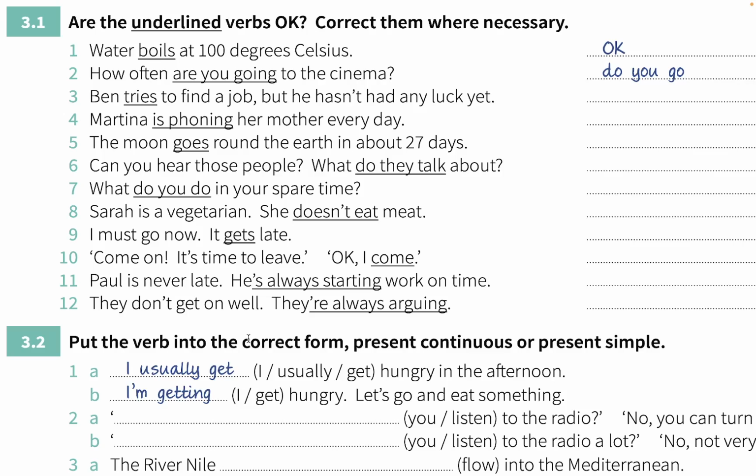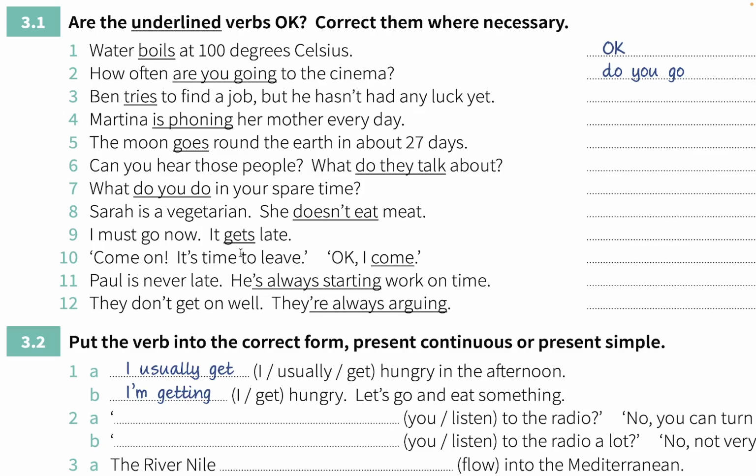Okay, I want to answer from number 3. Number 1 is the example. Are the underlined verbs okay? Correct them where necessary. The first one is water boils at 100 degrees Celsius. We know it is always happening, so it's permanent.